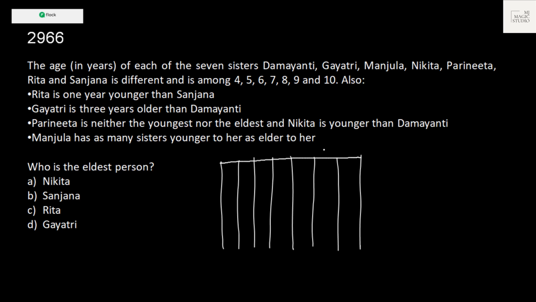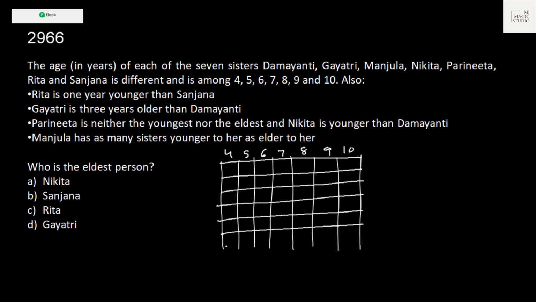We have 1, 2, 3, 4, 5, 6, and 7. It looks like it takes a lot of time, but it does not. Damayanti, Gayatri, Manjula, Nikita, Parinita, Rita and Sanjana.